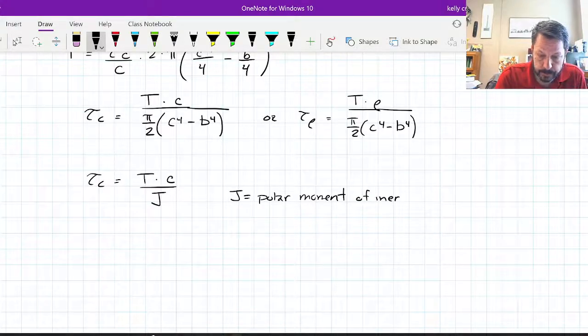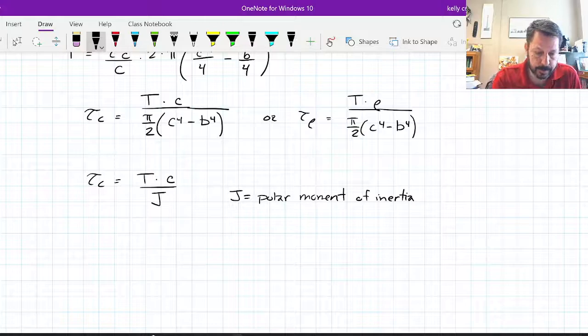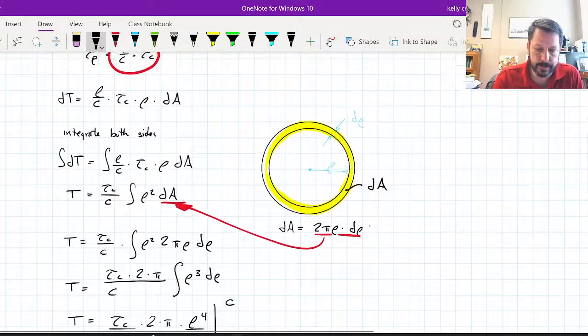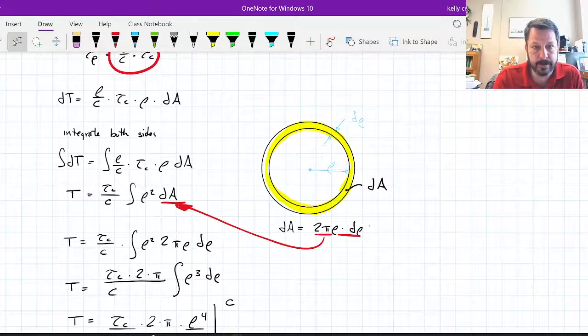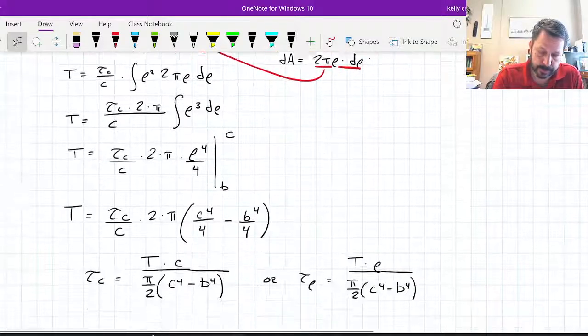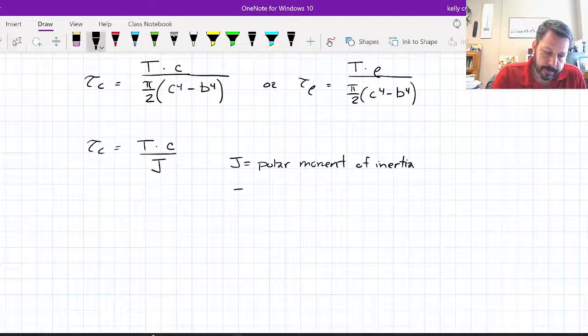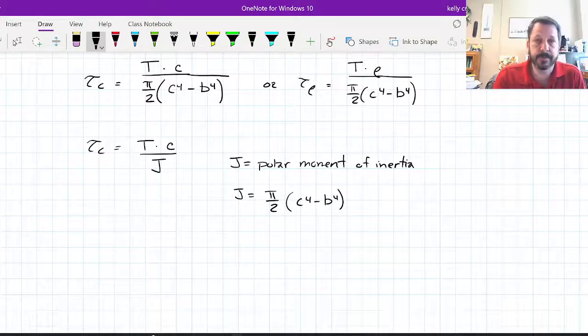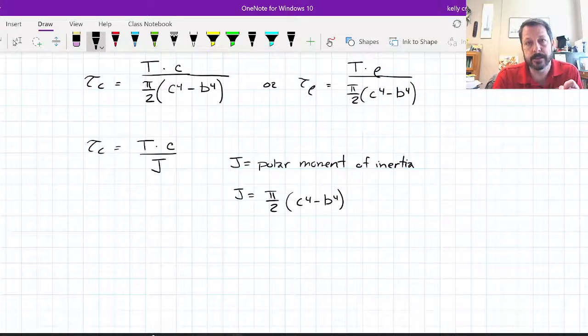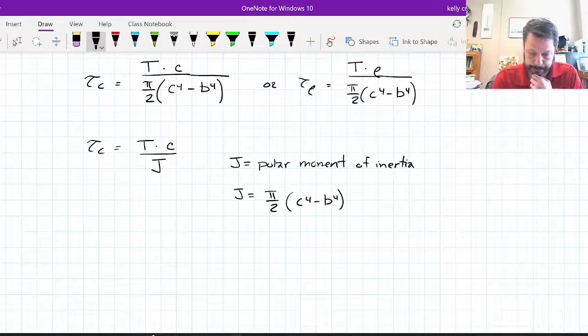And it only works for circles because we put in this definition for dA earlier that's based on a circle. And it just equals pi over 2 times c to the fourth minus b to the fourth. And a lot of times b, the internal radius, is 0 for a solid shaft, so it's just pi over 2 times c to the fourth.